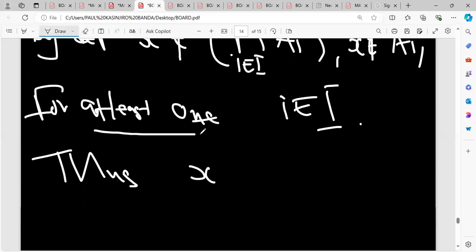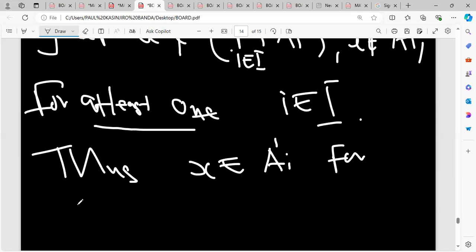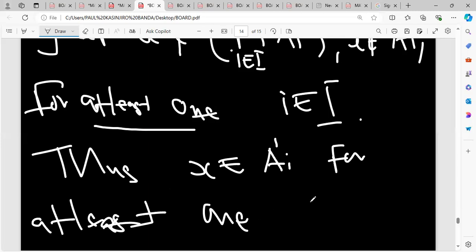So if X is not a member of A_i, then X will definitely be a member of A_i complement. We use the words at least in this proof: for at least one i in I, right?